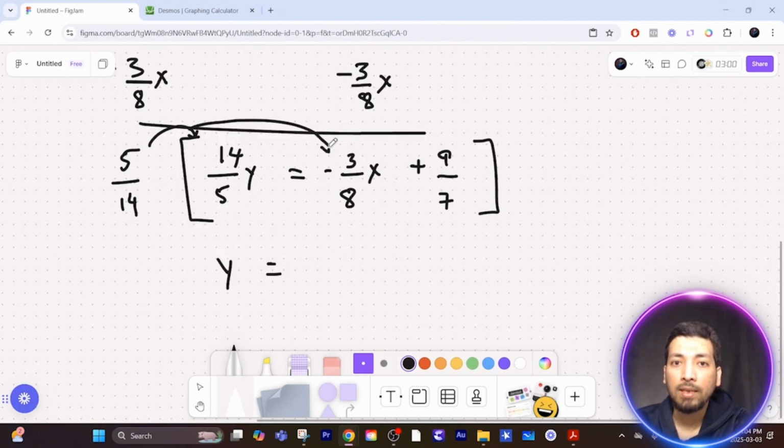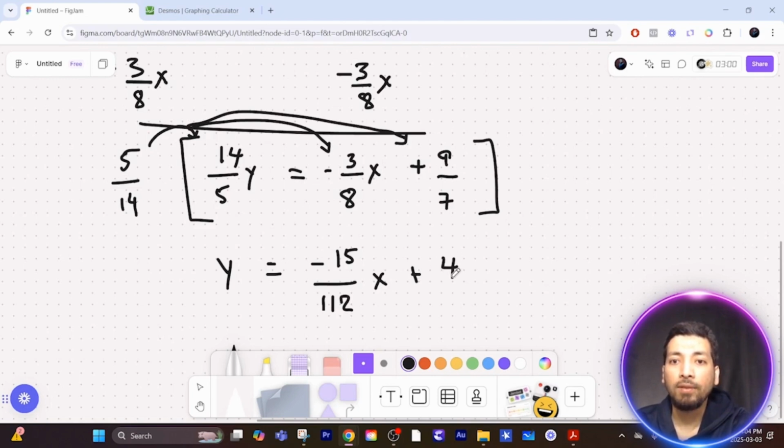If we multiply with this, we are getting negative 15 over 112 x plus, if you multiply with this, we are getting 45 over 98. So I know that my slope is negative 15 over 112.